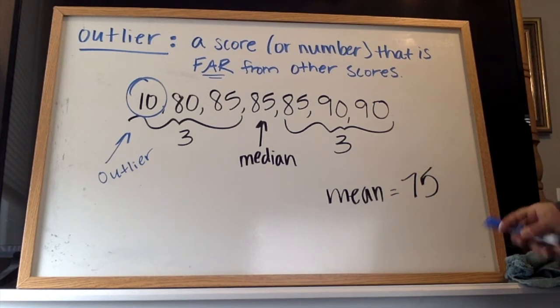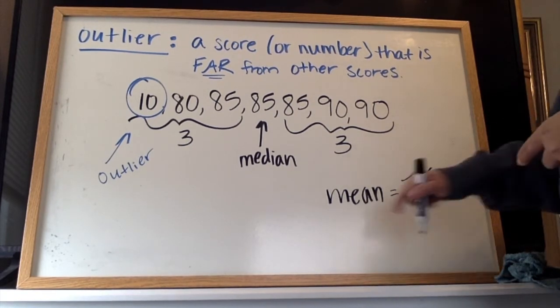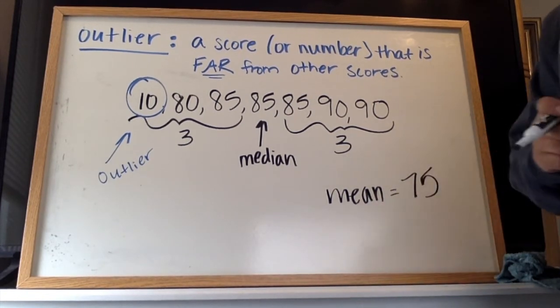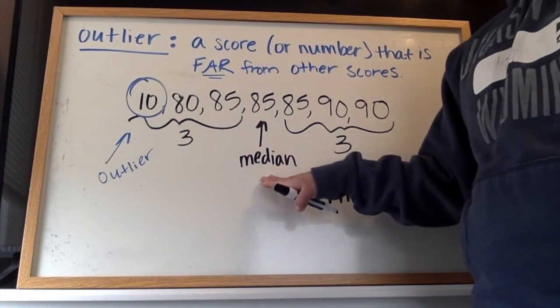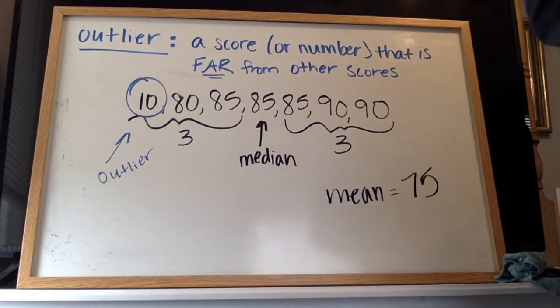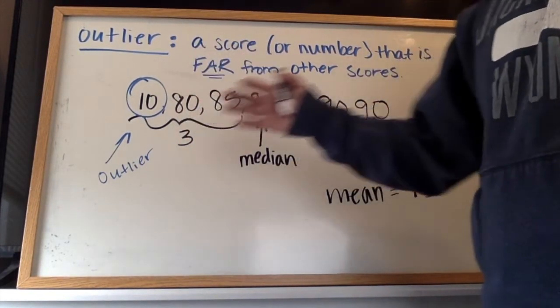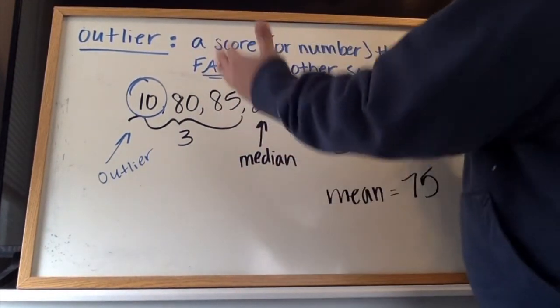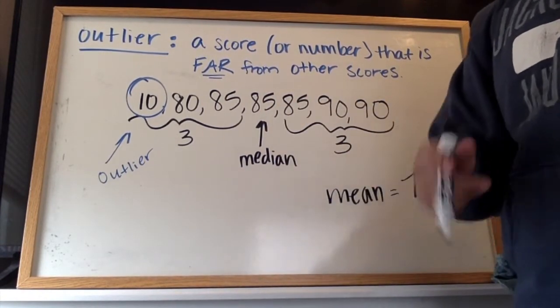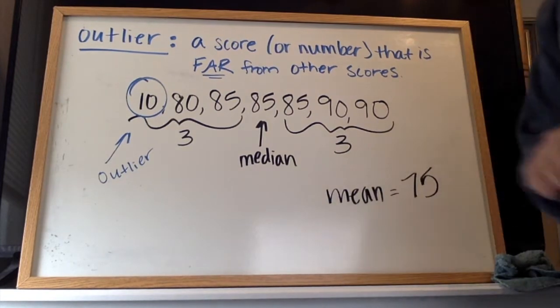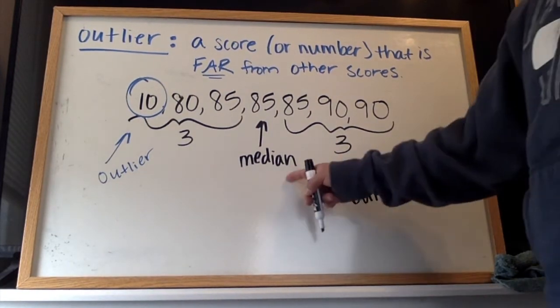So if you noticed, it did affect our mean or the average, but oftentimes it's not going to affect your median, okay? Because you're still just lining them up from least to greatest or greatest to least, and you're crossing off to figure out what number is going to be in the middle, okay? Just having one of those outliers isn't going to make a big effect on your median.